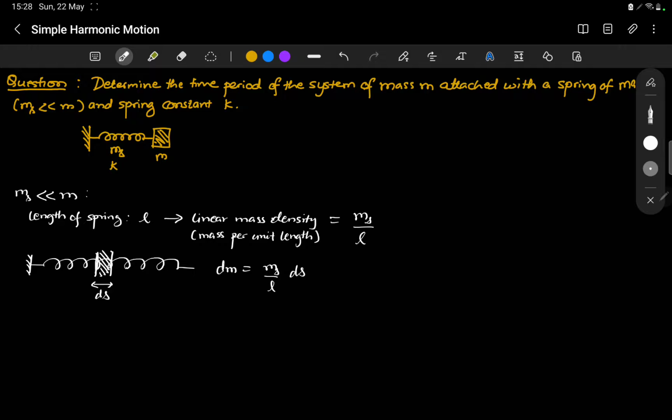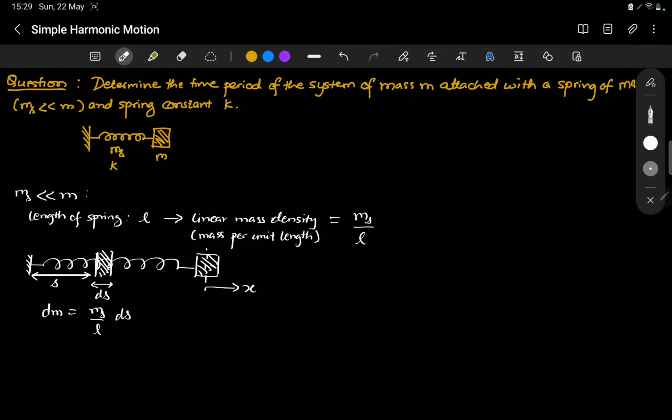Now let us displace the block. We have the block over here, and let us displace it from its equilibrium by x, and this distance from the wall is s, and the length of this element is ds.